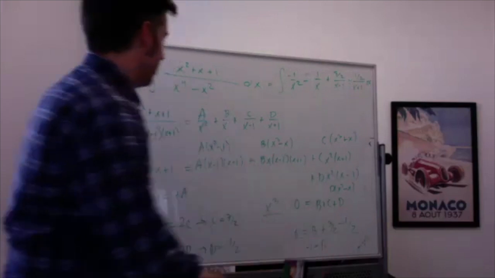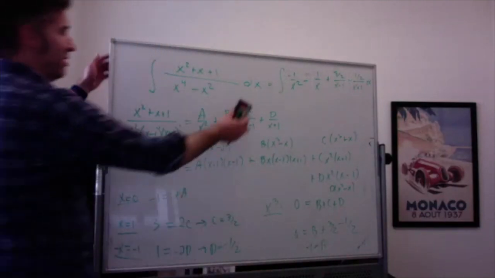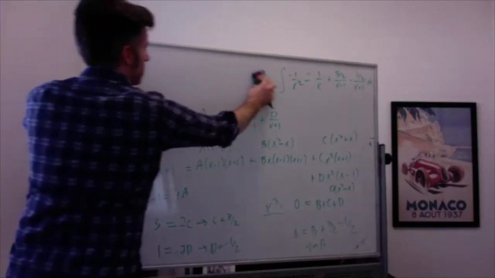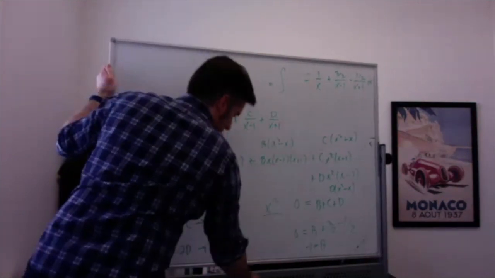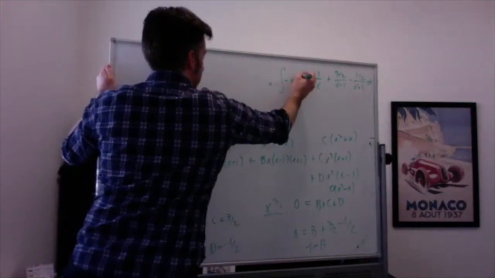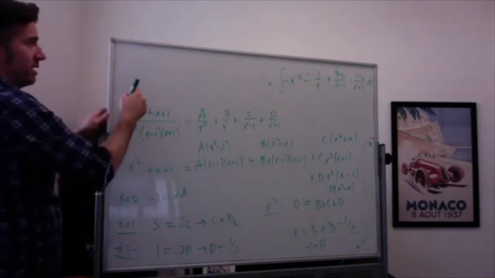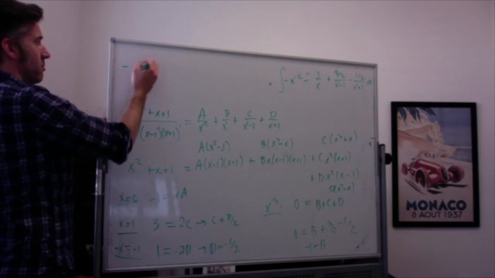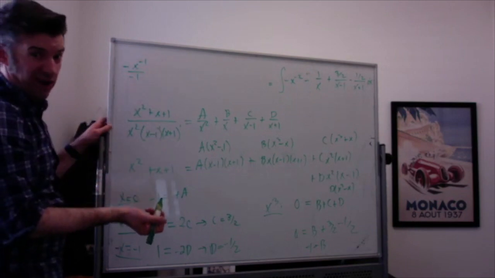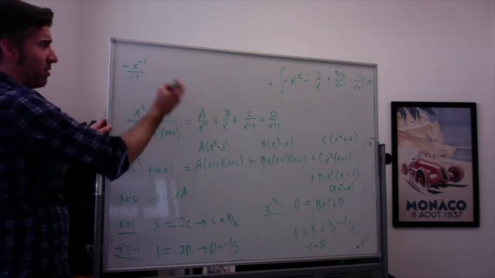I don't know where to erase. I guess I'm going to erase right here. So negative 1 over x squared, I would probably rewrite as negative x to the minus 2. So when I integrate this, I get negative x to the minus 1 over minus 1. That's just 1 over x. And then the rest of these are logarithms.